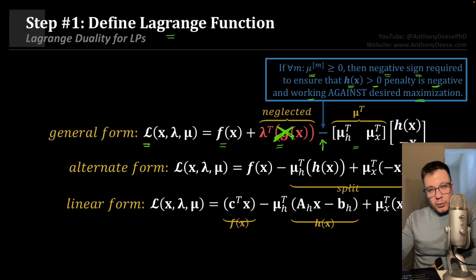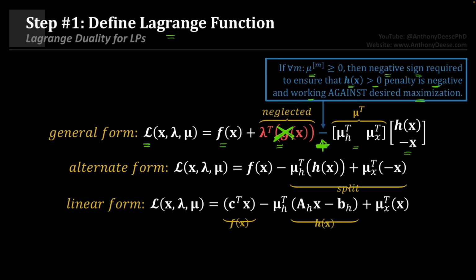To make a long story short, for the minimization problem, this was plus, and for the maximization problem, this will be equal to minus. Now you can see here that what I did was I split mu into two different parts because we have an inequality constraint that says that negative x must be less than or equal to 0, which is also technically part of h of x, but I parsed these out.